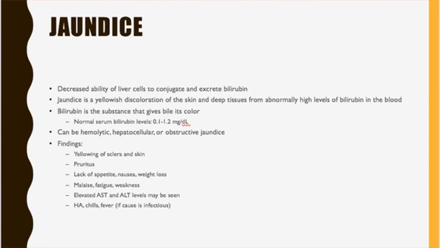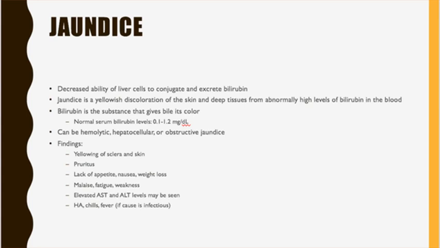With hepatocellular, it's because the liver cells are not able to clear normal amounts of bilirubin in the blood, right? So with hemolytic, it's a bilirubin issue. Hepatocellular, it's a liver issue. And then obstructive is occlusion of the bile duct. So things like gallstones, tumors, or having an enlarged liver or gallbladder can obstruct that bile duct.